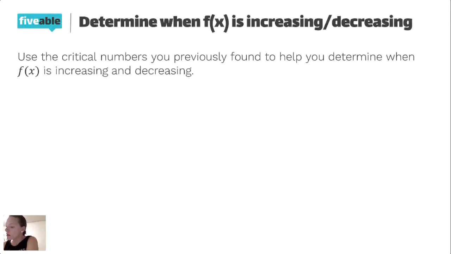When I use a number line, I draw my number line and I always make sure that I label it. Remember that this is a number line for f prime of x. That's going to become more important later when you start having number lines for the first derivative and the second derivative and maybe even the original function. You don't want to get them mixed up. So always label, label, label, label, okay?